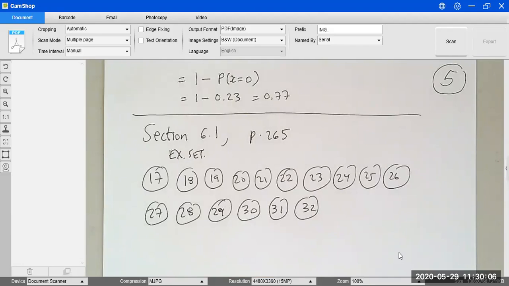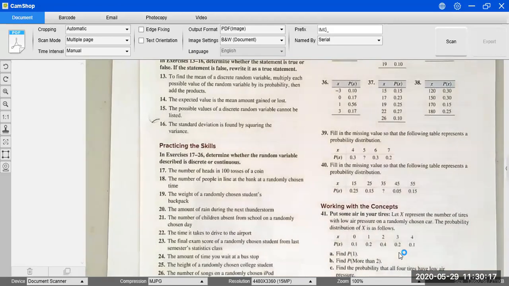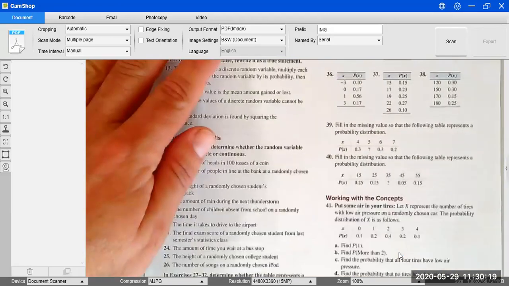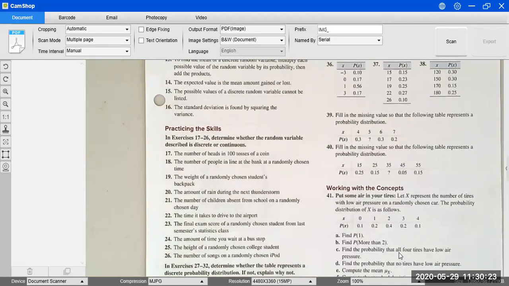So first, 17 through 26. 17 to 26 is just a little piece on page 265. So let me show you. You have here all the problems, 17 through 26.